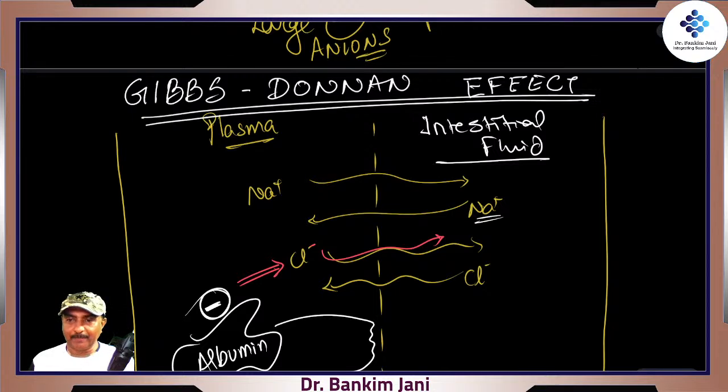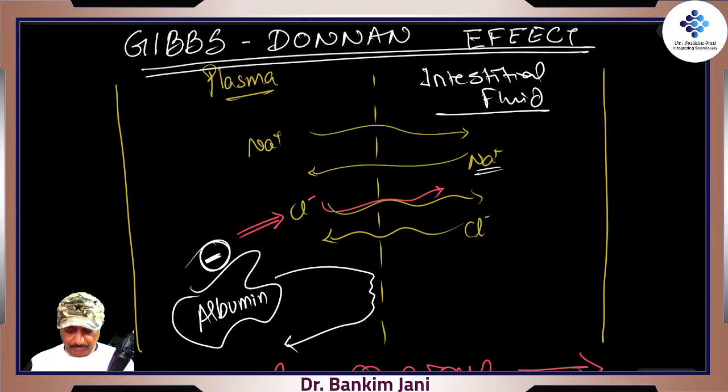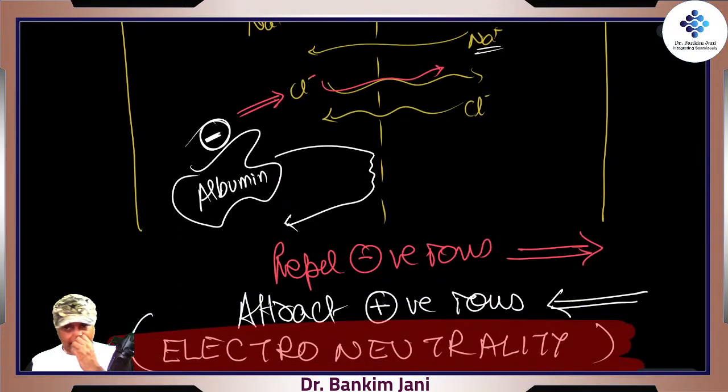The Gibbs-Donnan effect tells that large negatively charged protein particles will repel anions and attract cations till electroneutrality is maintained. After that, nothing happens. Everything is fine. So far, so good.